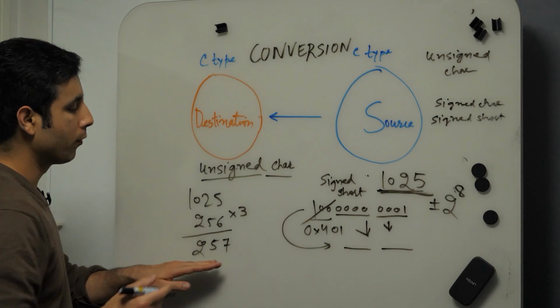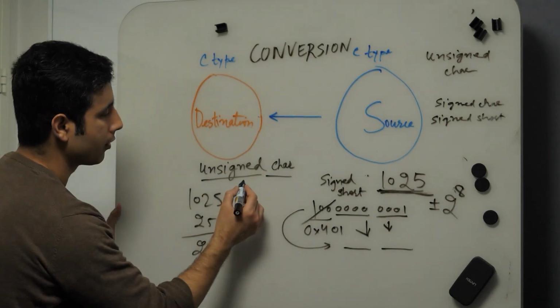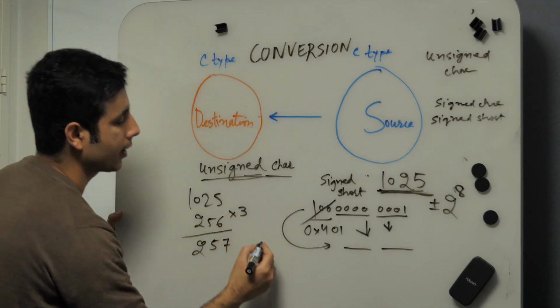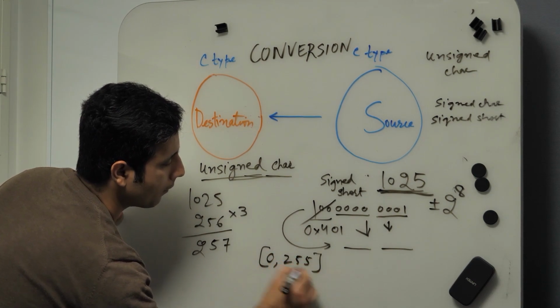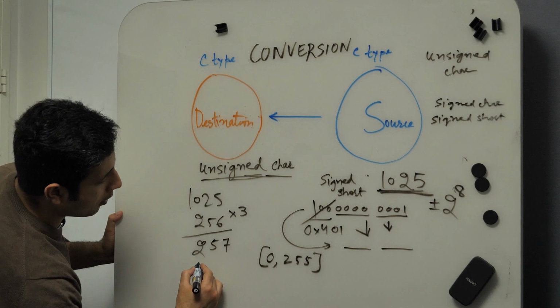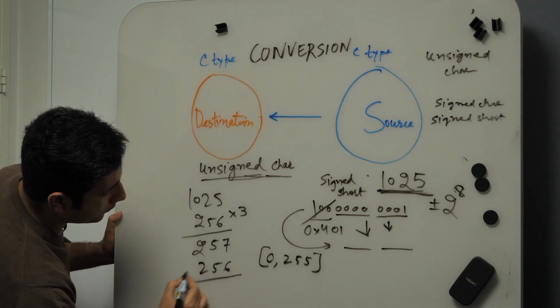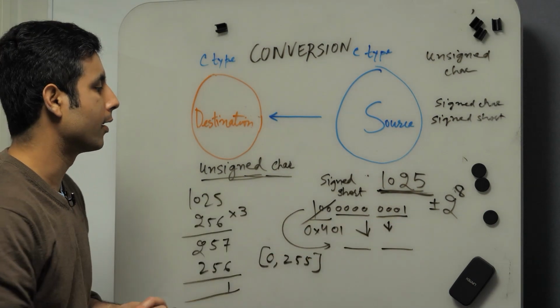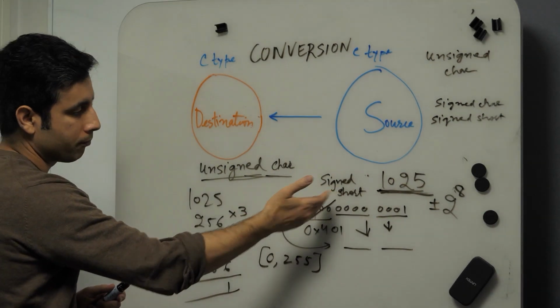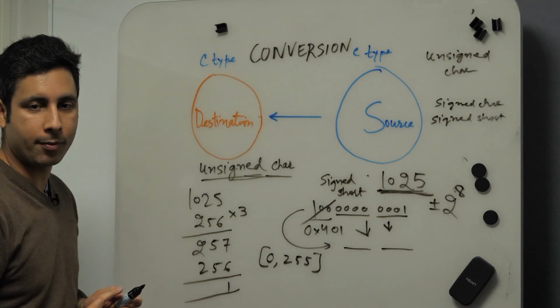But 257 doesn't come in the range. The highest value this unsigned character can store is 255, so the range is 0 to 255. So we need to subtract 1 more time. Okay, 1. As you can see, the 1 is the correct answer, even after we truncated the top extra bits here.